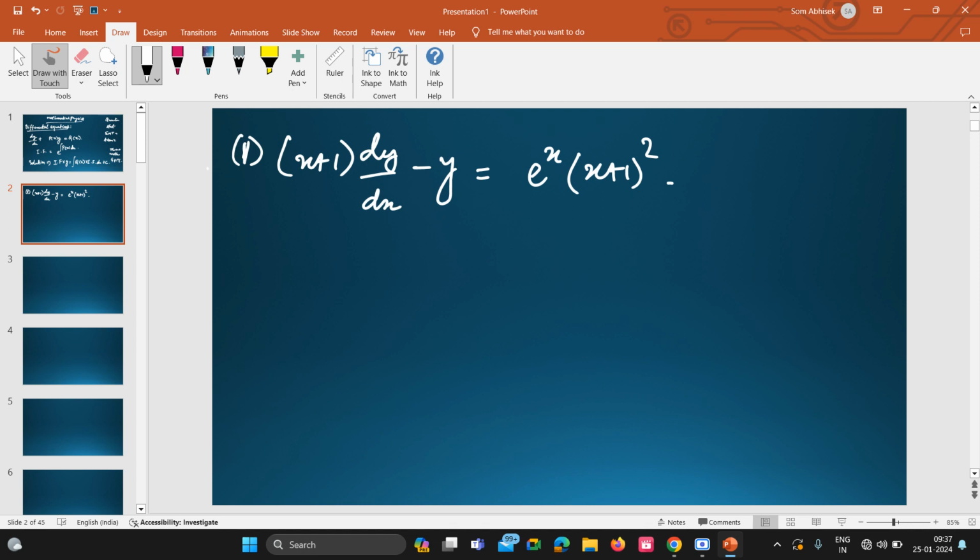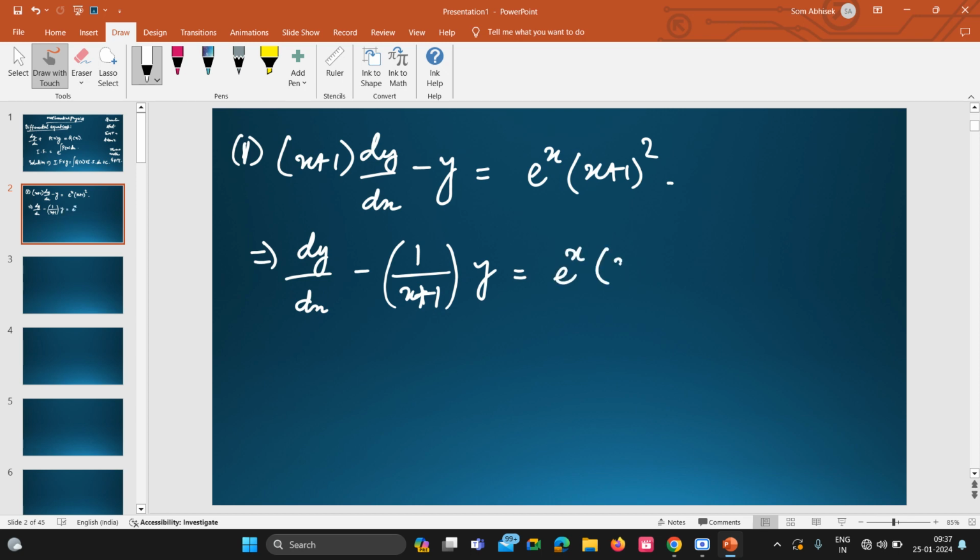First of all, if you remember the general formula, there was nothing in front of dy by dx. So dy by dx minus 1 by (x plus 1) y is equal to e to the power x into (x plus 1) whole square.